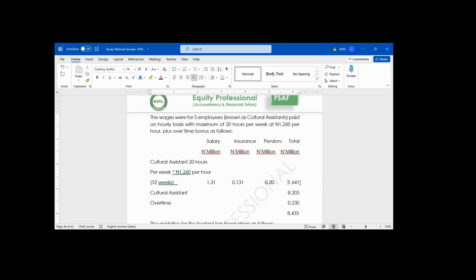For 5 employees, it is going to be what? 1.641 times what? Times 5. 1.641 times 5. Somebody should help me. How much is that? 8.205.